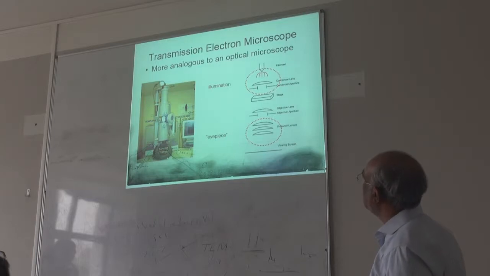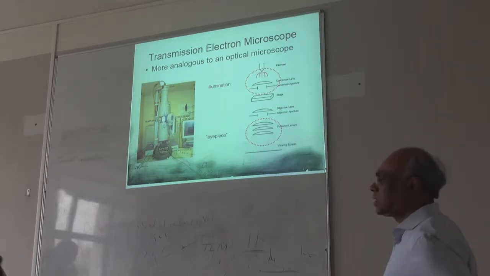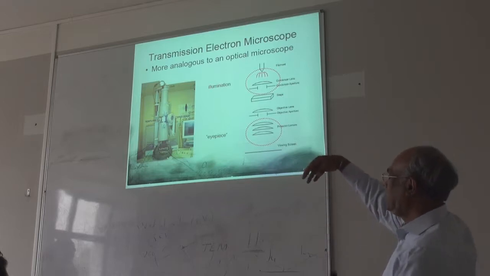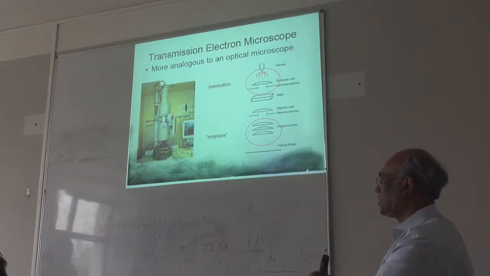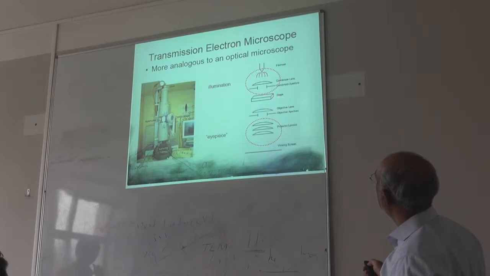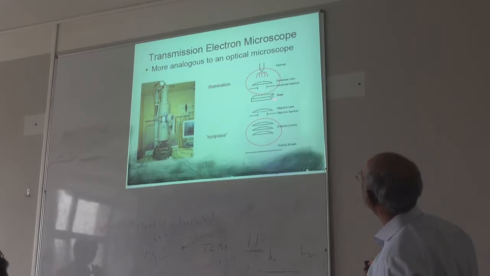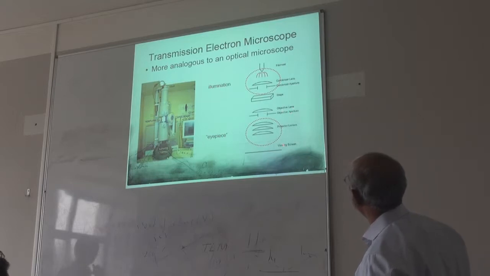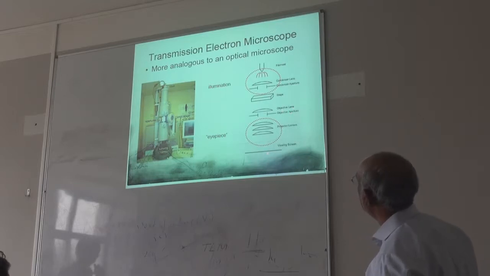In the transmission TEM, this is more like the optical microscope. You have a light, you have an object, then you focus your light. So here you have electrons coming first, then you have your lenses, so then you can view from the other end.